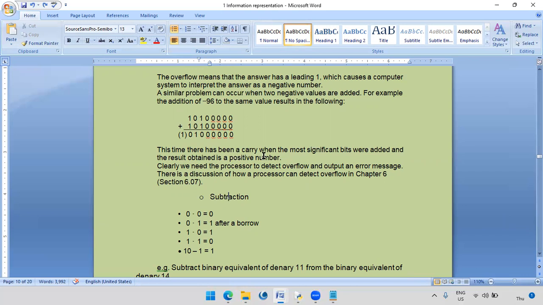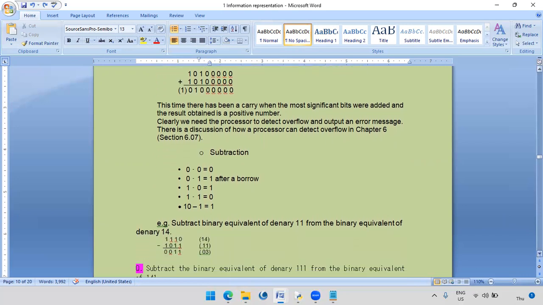This time there has been a carry when the most significant bits were added, and the result obtained is a positive number. So because of that, the answer became positive. So that's also wrong. Clearly, we need the processor to detect overflow and output an error message. There is a discussion of how a processor can detect overflow in chapter 6. So later on, we'll be learning those.